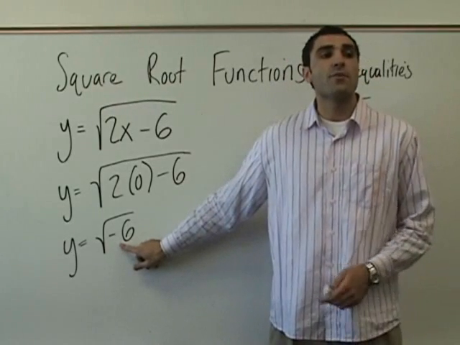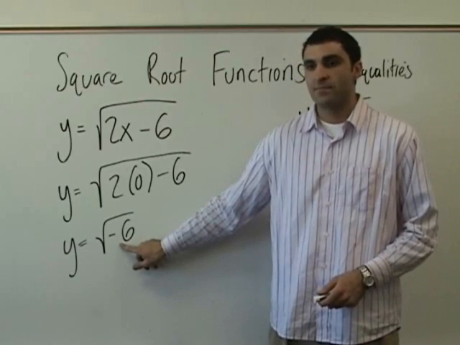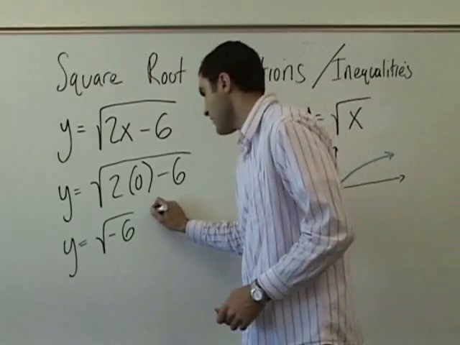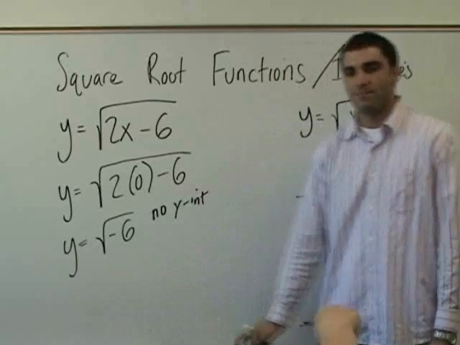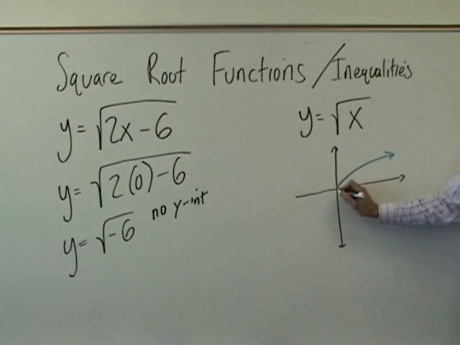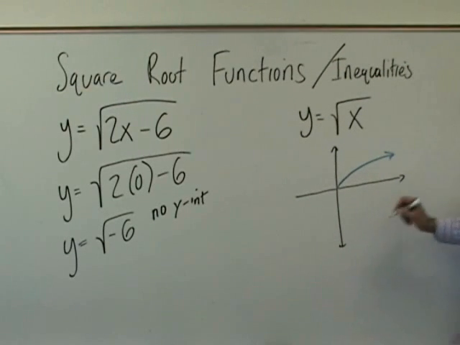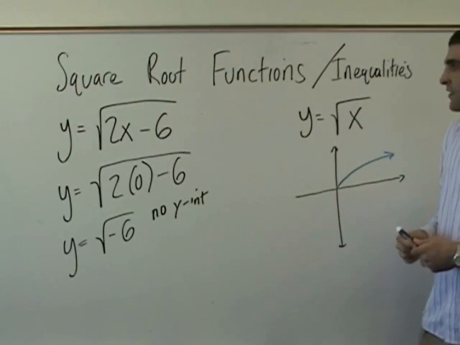No, it's imaginary. In other words, there is no y-intercept. That means it starts from here and goes right, so it's never going to cross the y-axis. Any questions? So now let's do the other one.